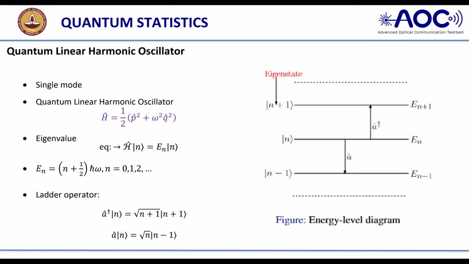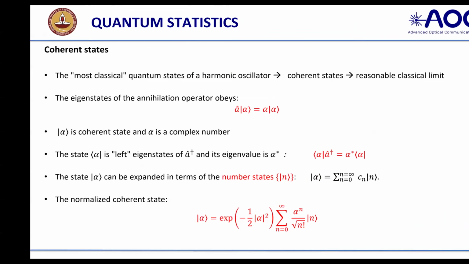When it acts on a state N, it means one photon is created, and the energy eigenvalue is written as plus a, square root of N plus 1. Similarly, for the annihilation operator, it goes from N to N minus 1. So you can see how even one photon is created and destroyed, in the single mode field case, right?